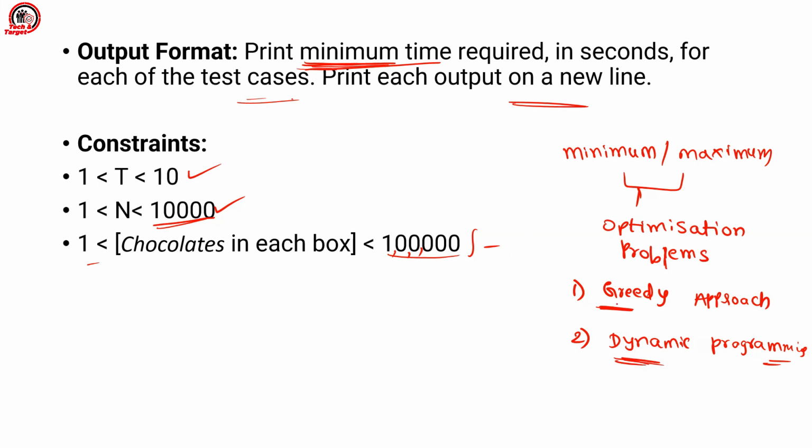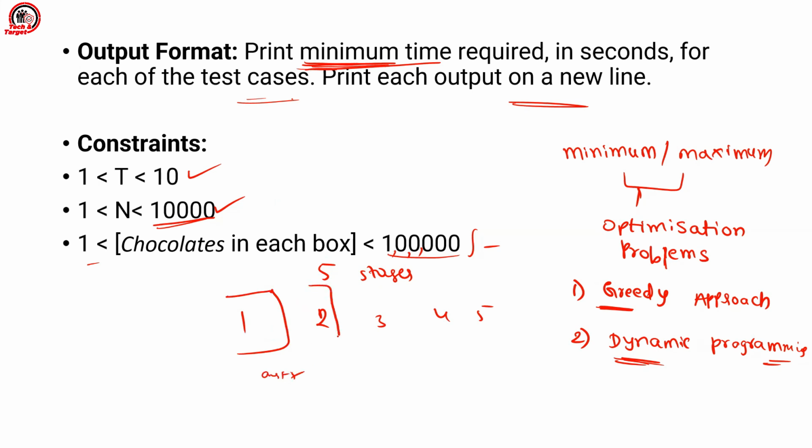Now, I've told you greedy, right? So what is greedy here? Greedy means you are trying to get the best output at each point. Let's say, for example, you're given 5 stages: stage 1, stage 2, stage 3, stage 4, and stage 5. You calculate the best output for you at stage 1, and you add that to your answer.